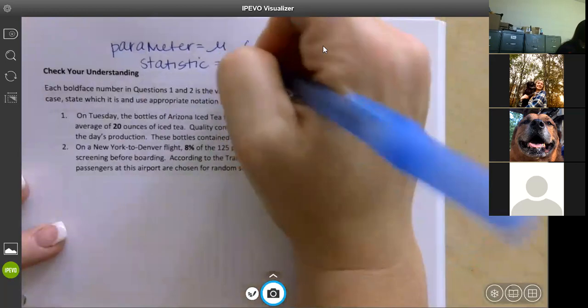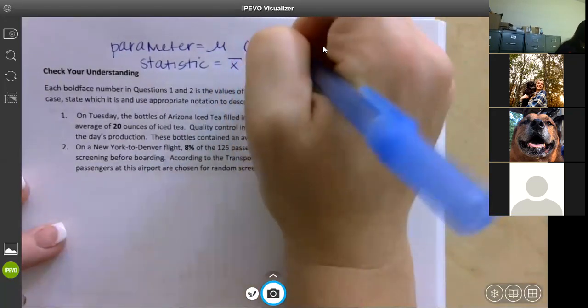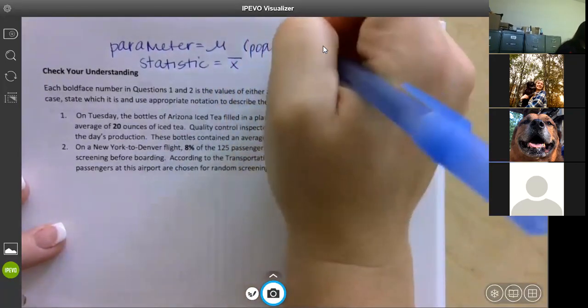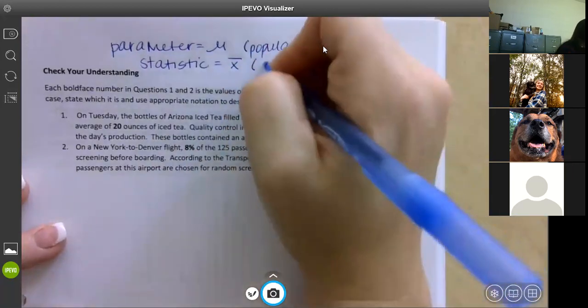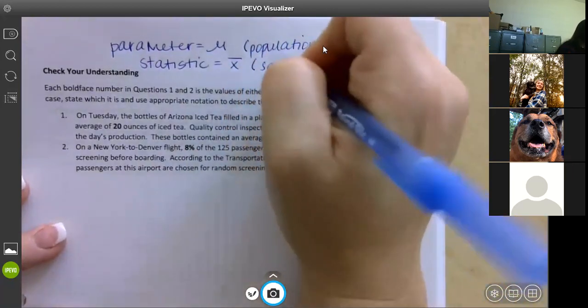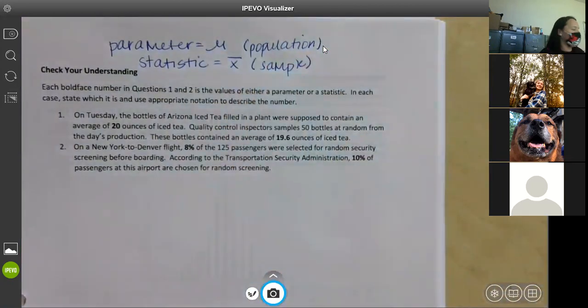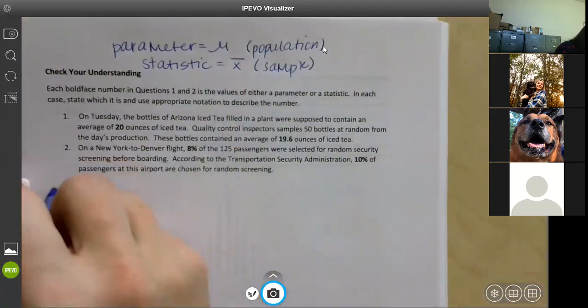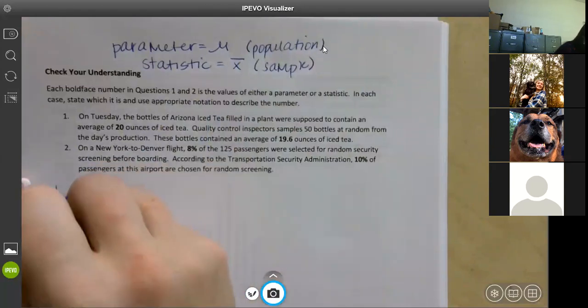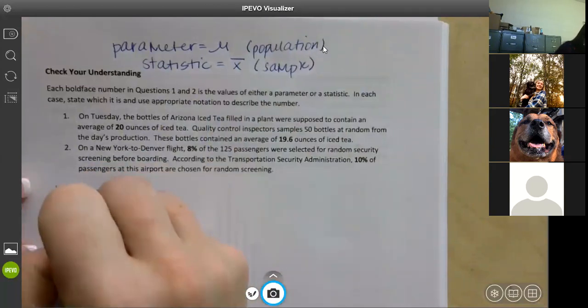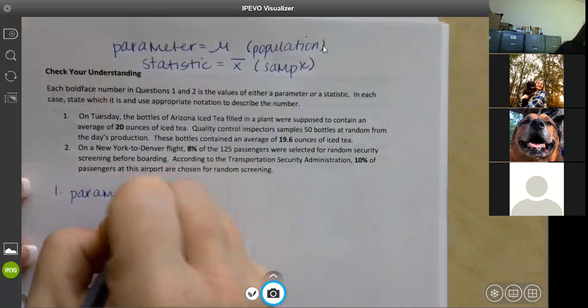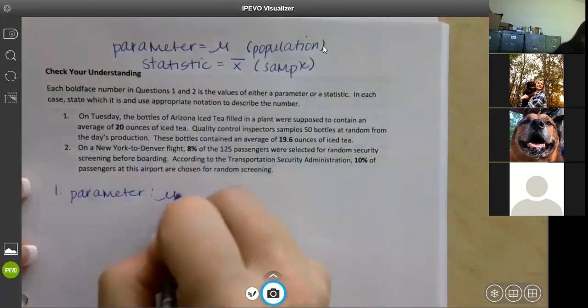I'm going to put that in parentheses to the side so you can remember. And then the sample is the statistic. Sometimes that's the easier one to pick out first. It doesn't matter which one you do first, I don't care. Okay. So number 1, we're going to find the parameter, and remember that's mu.